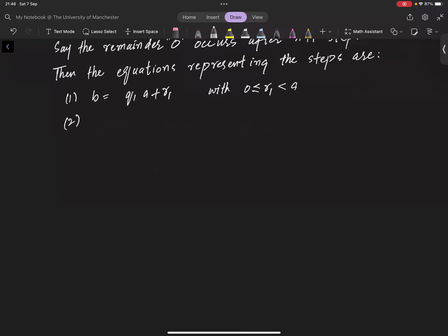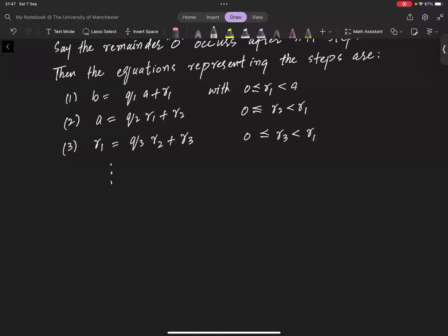Okay. Number 2 is A written as Q2R1 plus R2, with the condition that 0 is less than or equal to R2, and R2 is less than R1. Step 3 is R1 written as Q3R2 plus R3, 0 is less than or equal to R3, and R3 is less than R2. And we carry on like this.